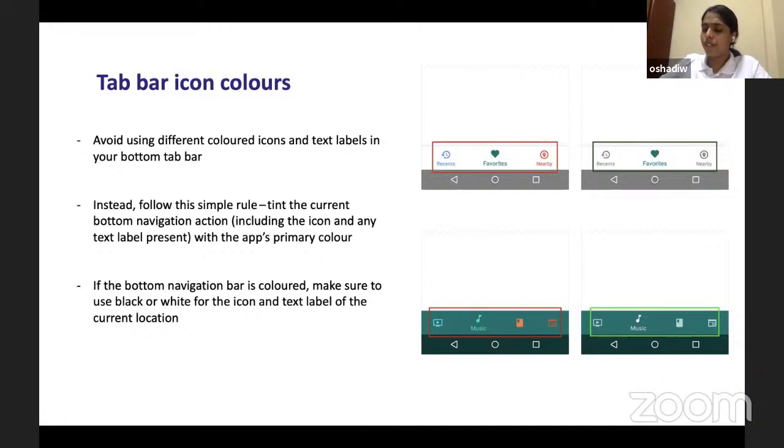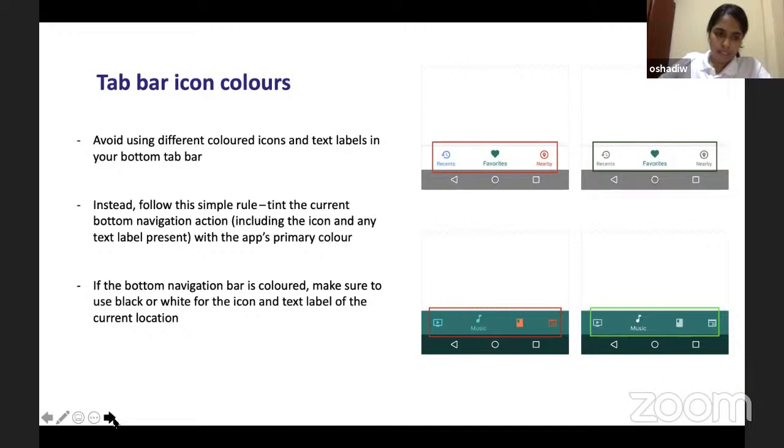So if you want a clear design, a clean UI, go with a simple color theme. Use your primary color as the selected color, and keep other things in a light color. So highlight selected tabs correctly.